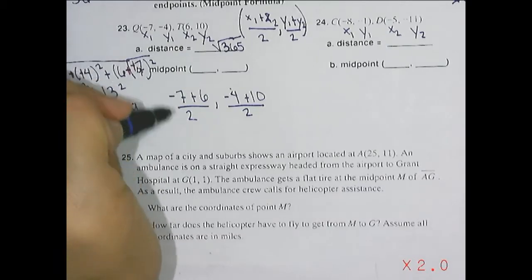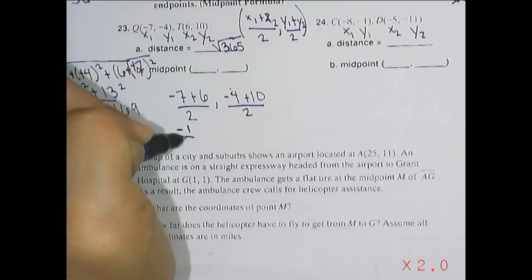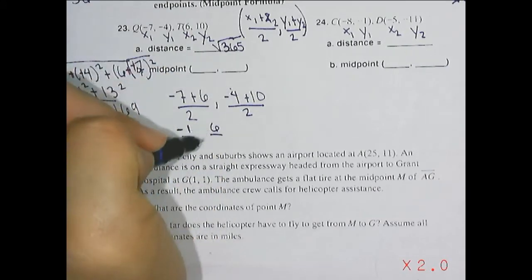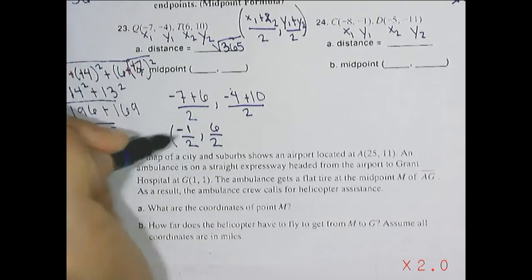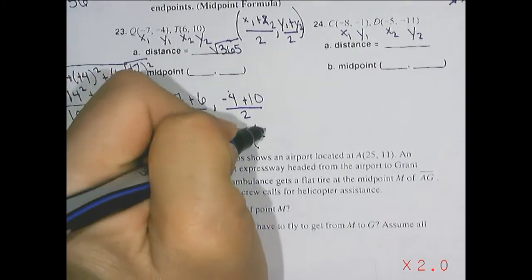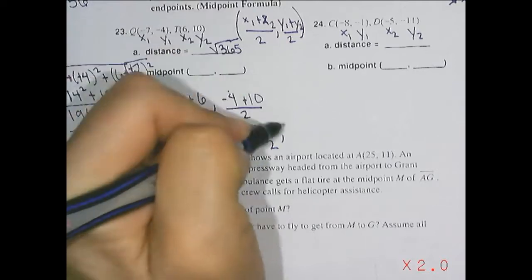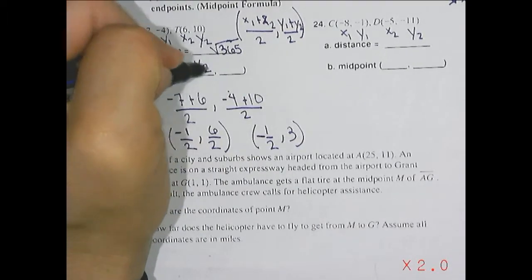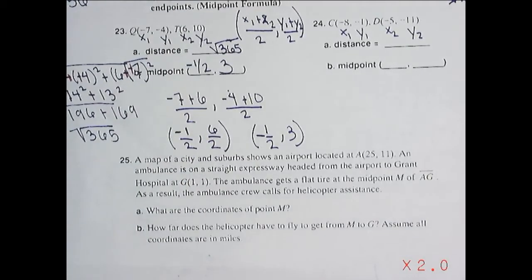All right, this will become negative 1/2, and negative 4 plus 10 is 6 over 2, and I'm going to go ahead and simplify this one. This one I can't simplify, so I would have negative 1/2 and a positive 3. So negative 1/2 and a positive 3 for this one.